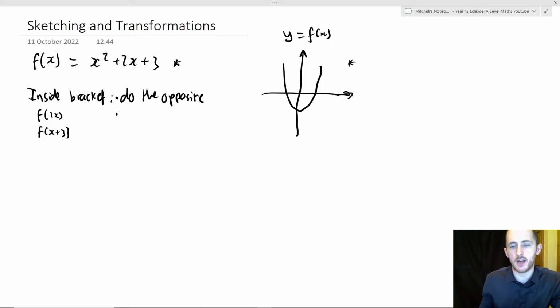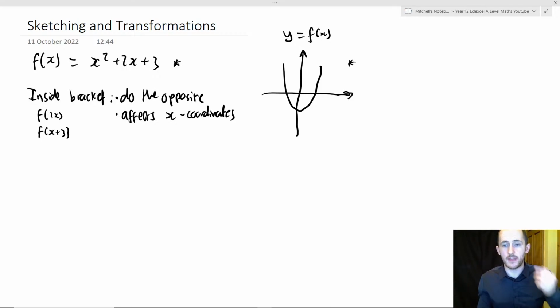And you only touch or affect the x coordinates. Okay? So f of 2x, you do the opposite. So that says 2 times x, so we're going to do divide by 2, and we only affect the x values. Okay? So this would be a compression in the x-axis. And then with x plus 3, it's saying plus 3, so we do minus 3, okay?